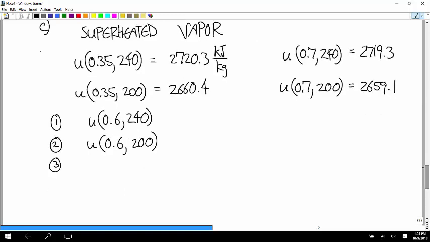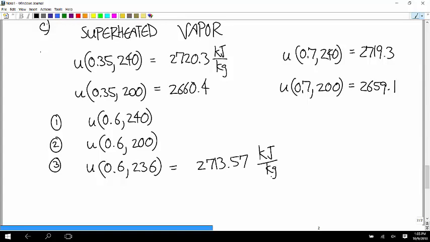And then I interpolated, using those two, to get specific internal energy at 0.6 bar, 236 degrees. And I got a value of 2713.57 kilojoules per kilogram.